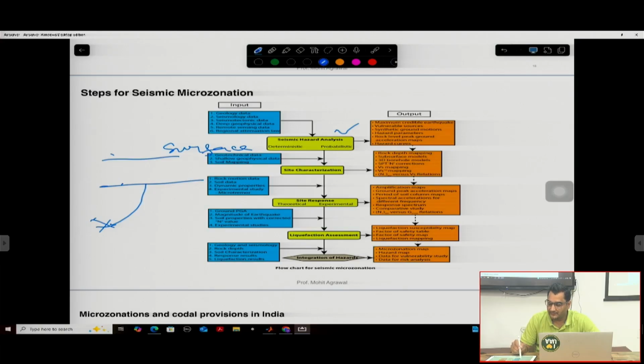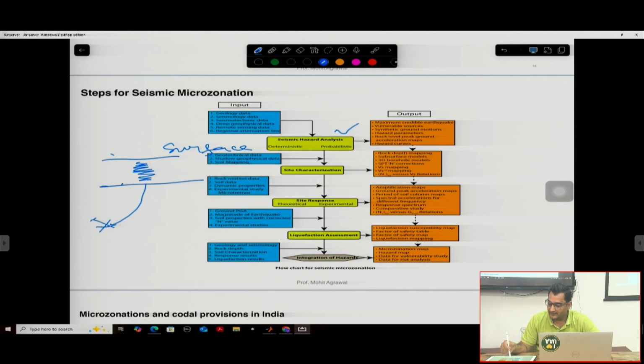Thereafter, you will have to do the site characterization in order to characterize the soil in between the surface and the bedrock. And for site characterization, you can use invasive and non-invasive techniques, for example SPT and CPT testing, or maybe you can go for non-invasive techniques such as HVSR and the MASW technique.